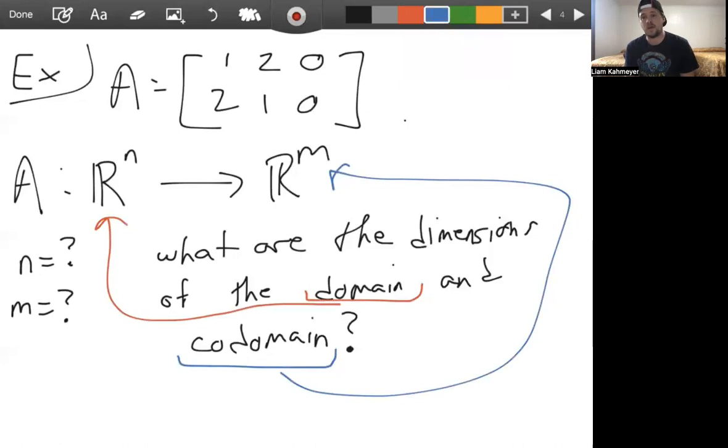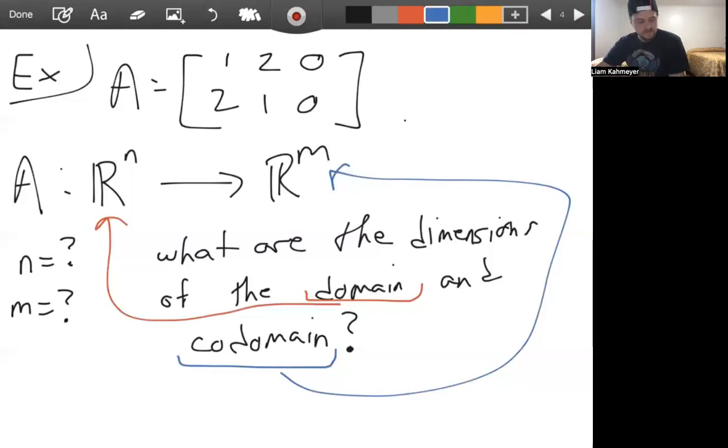These are the vectors, or the entire space of where the transformed vectors live, right? Because remember, the codomain doesn't necessarily have to be the image. The image is the set of all transformed vectors, but what I'm saying is the image could be a subset of the codomain. It doesn't necessarily need to be the entire codomain.